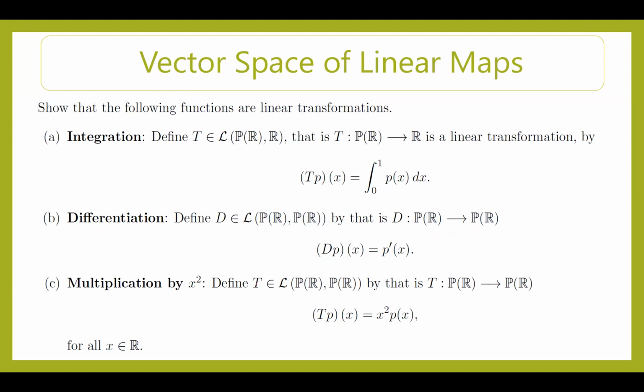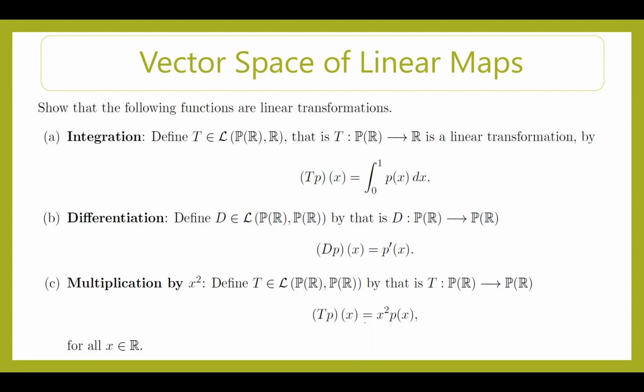And this last one is called multiplication by x squared. I define a linear map that is defined to be x squared times p for all p polynomial functions, and for all x in R. I'm going to need this last one later on to show that something is not true.